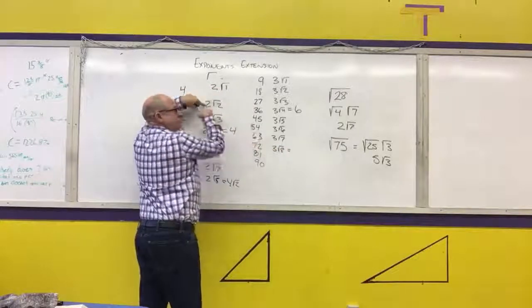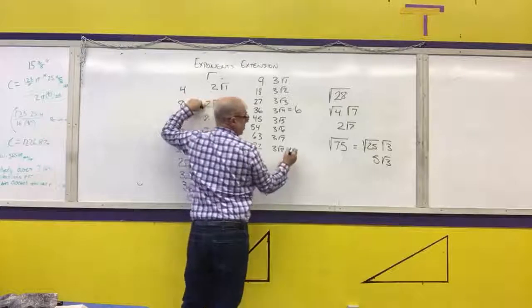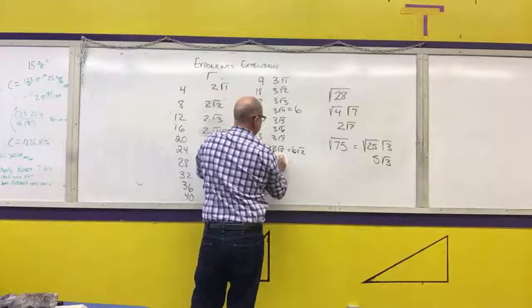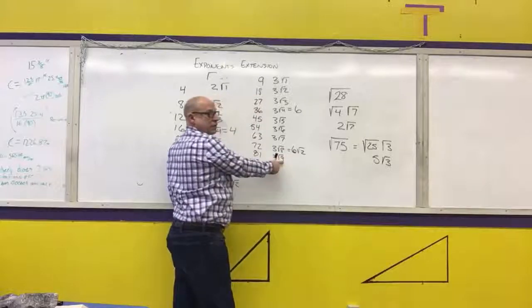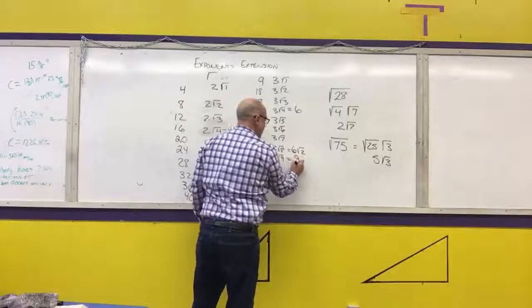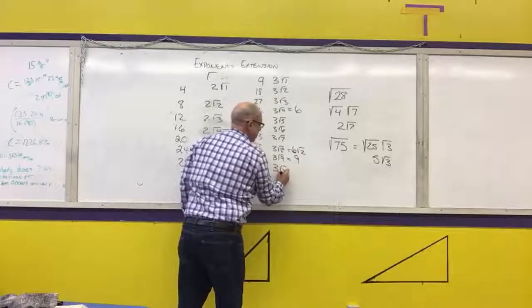What is 3 times 2? 6, so I have 6 root 2. This is 3 root 9, but what's the square root of 9? 3. 3 times 3 is 9. And this would be 3 root 10.